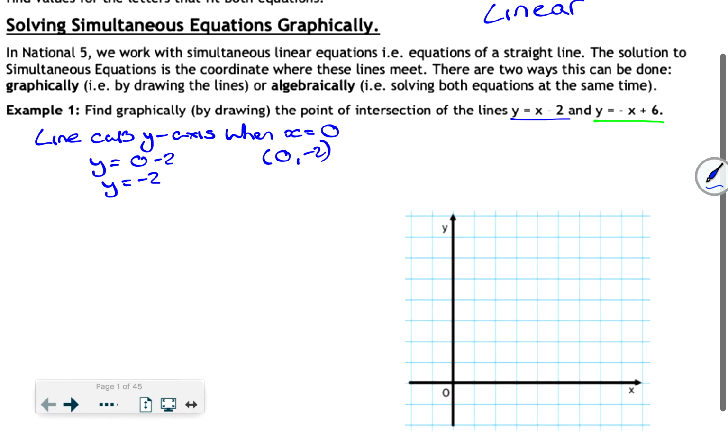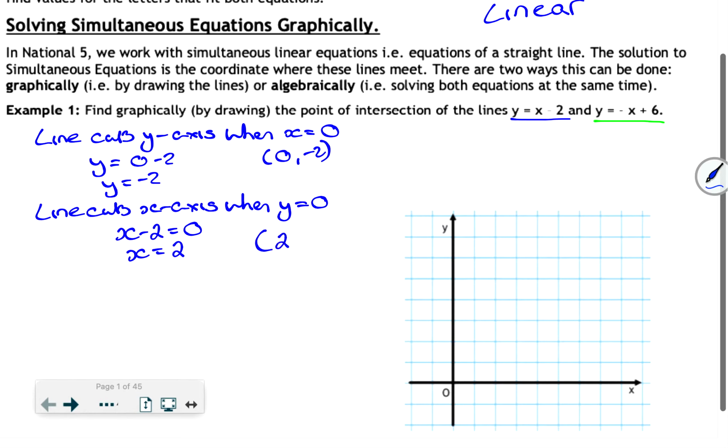We can find where it cuts the x-axis by doing the same kind of thing. So I can say that line cuts the x-axis when y is equal to 0. So let's set y to 0, so we just get x minus 2 is equal to 0, so x has to be 2.